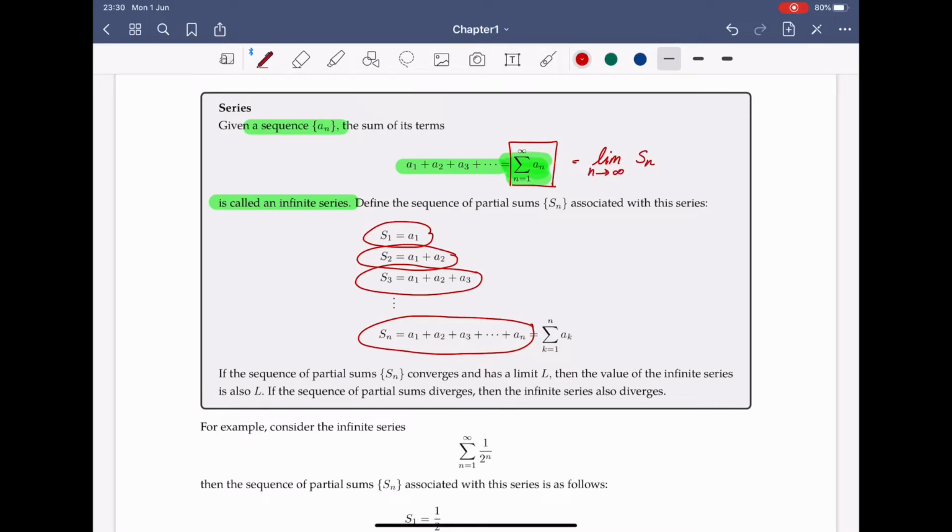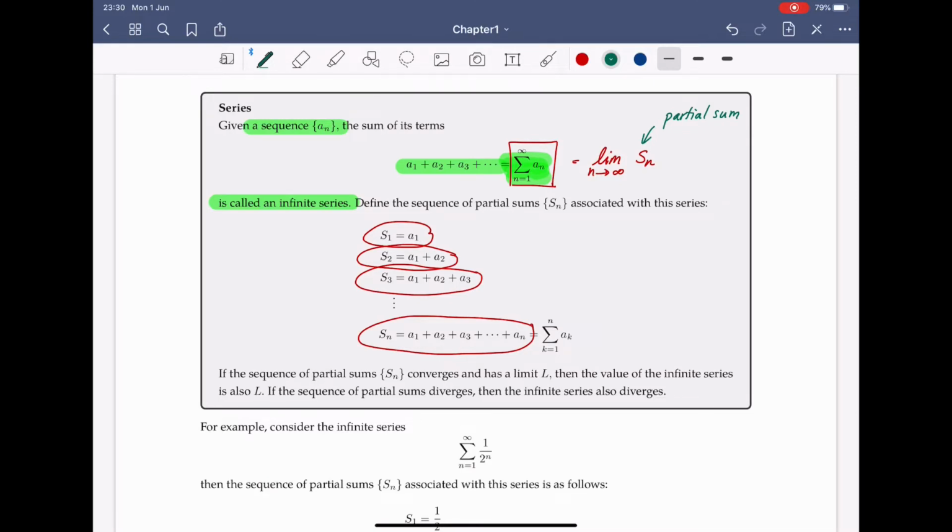We want to know the value of Sn when n goes to infinity, and that is going to be the sum of a sub n infinite times. This Sn we call the partial sum. So the value of the series is just the limit of the partial sum.